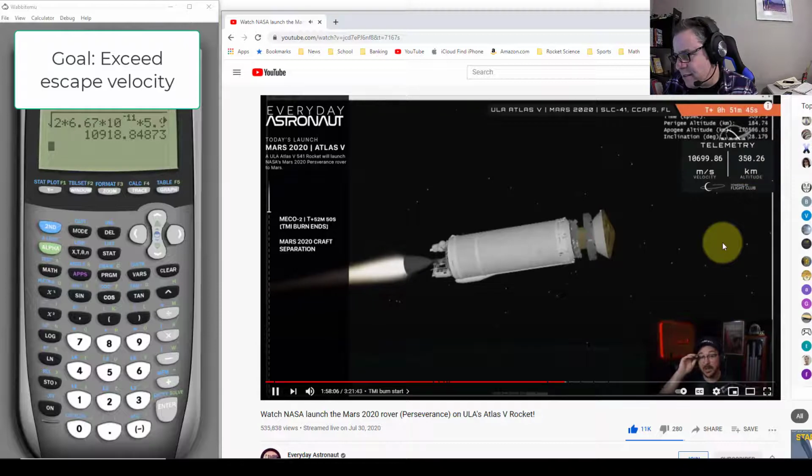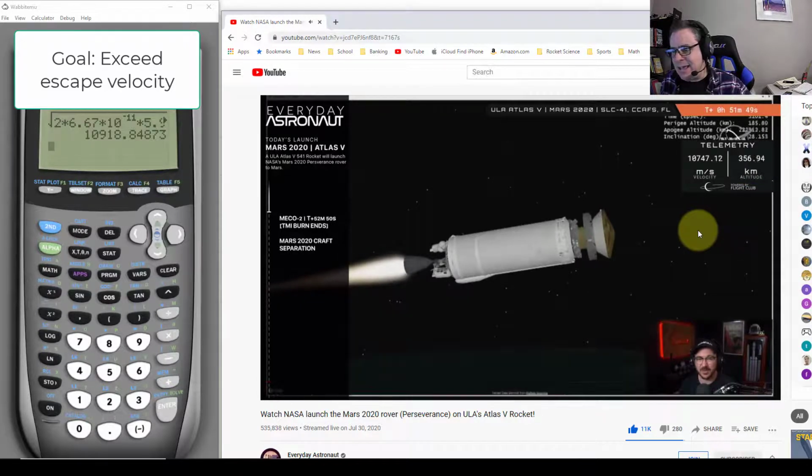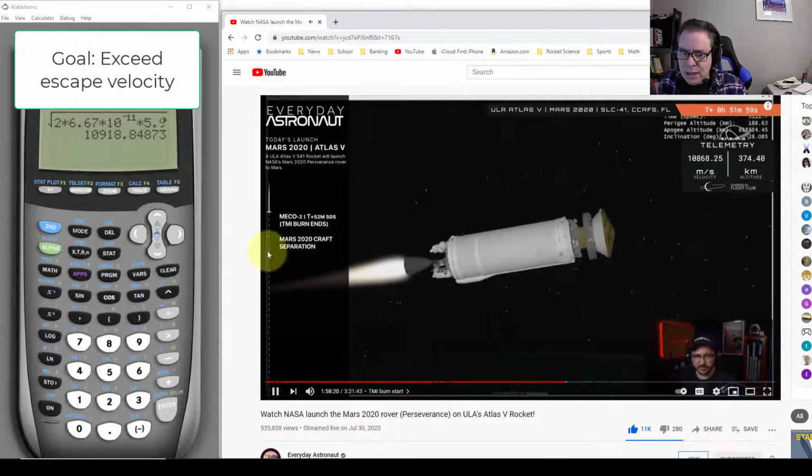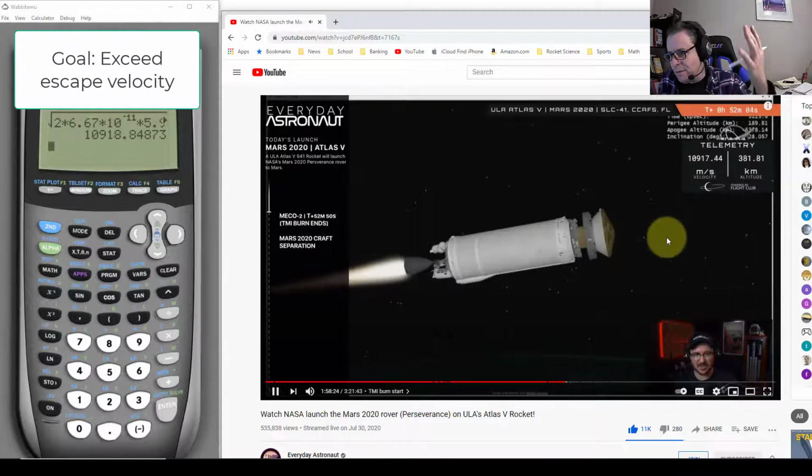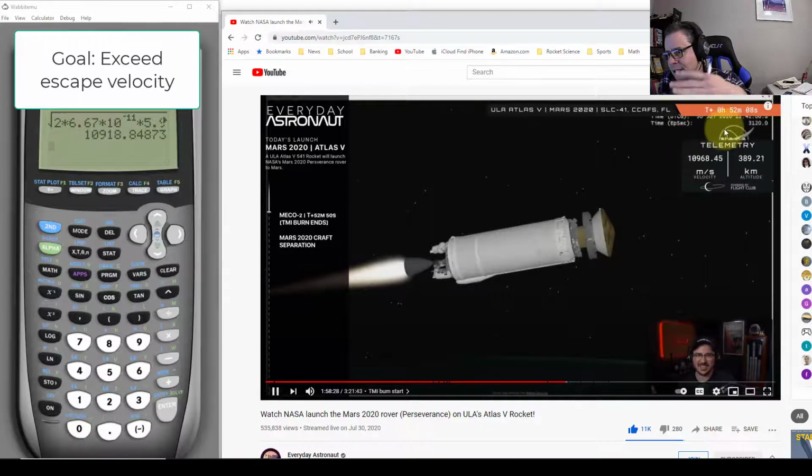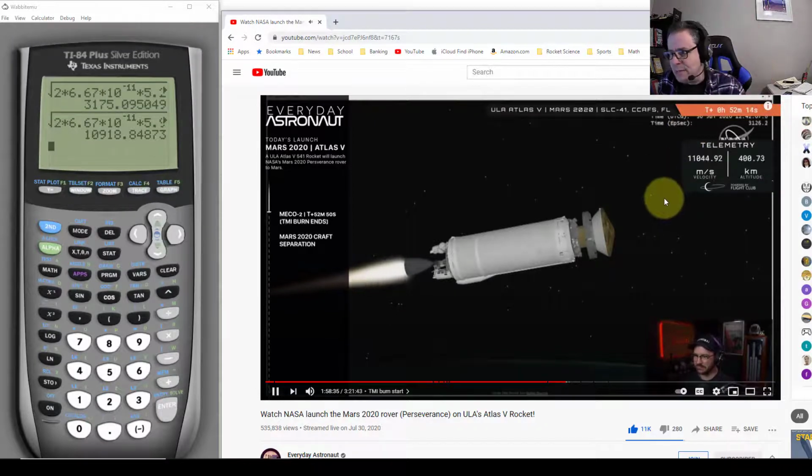This is a little bit higher than that, but you see we're going to go past that 10,900 meters per second needed at an altitude of 300 kilometers. And it's going to cut off at about 52 minutes 50 seconds, so it's nearly there. There we go. It's pretty much past, and it's cut off the telemetry for the earthbound trajectory, so it's now on its way to Mars at this point.